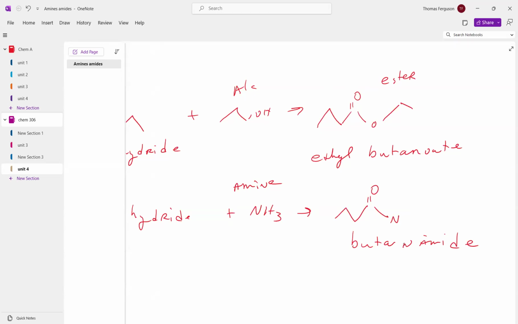Butamide. Now notice there's no N there because there are only hydrogens here. I didn't have any alkyl groups there, like methyl, ethyl, or whatever.